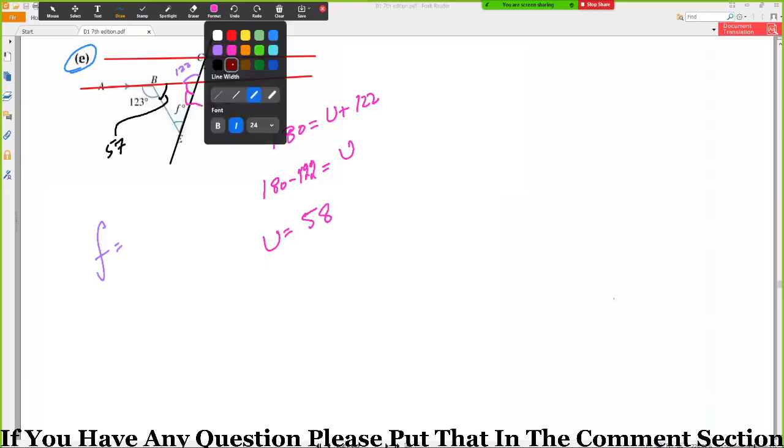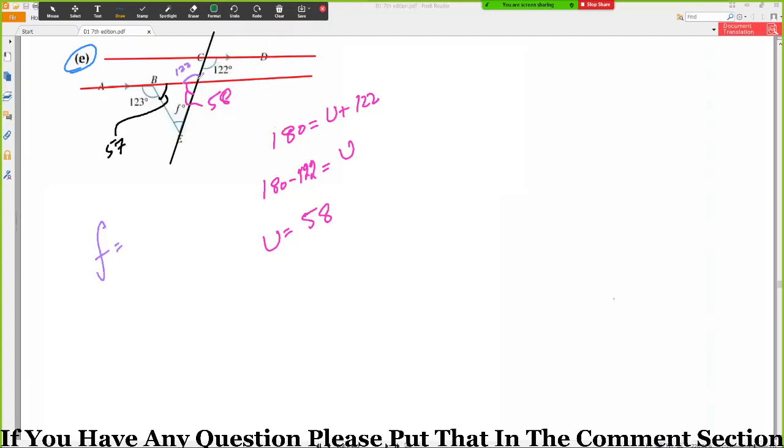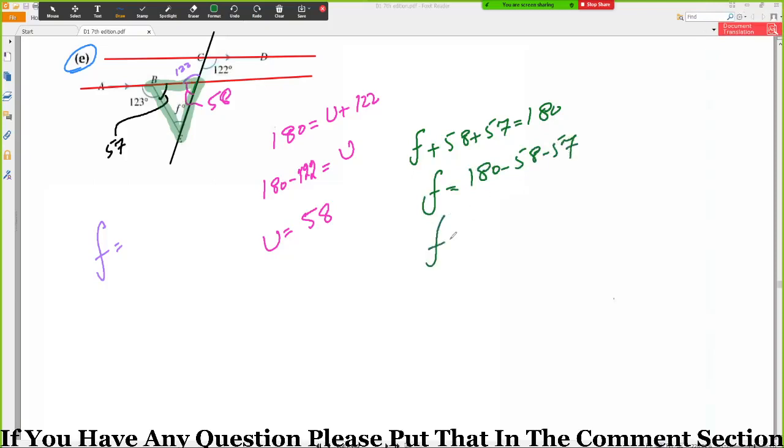अच्छा, sum of all angle in a triangle is equal to... this is your triangle. So sum of all angle in a triangle is equal to 180 degree. Okay, so 57 plus 58 plus this angle equals 180.